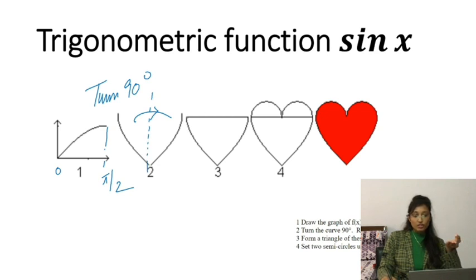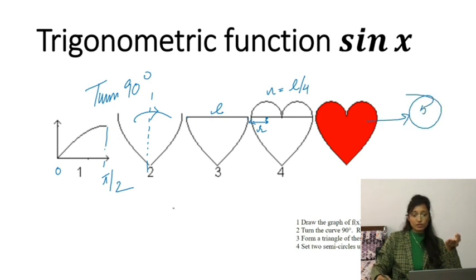We will join its points, drawing a straight line. Say its length is L, and we will draw semicircles of radius L by 4, and hence this kind of heart will be formed.